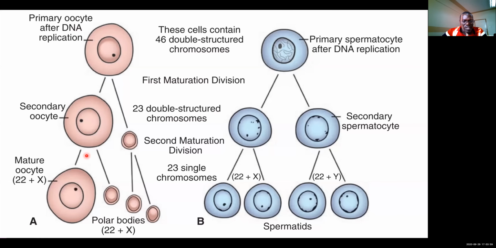The big cell is our interest, the oocyte, but the small one is called polar body. First polar body is gotten from the first meiotic division. Second polar body is obtained at the second meiotic division. The first polar body may or may not divide again. Commonly we just end it there. Usually it does not divide, but it may divide.